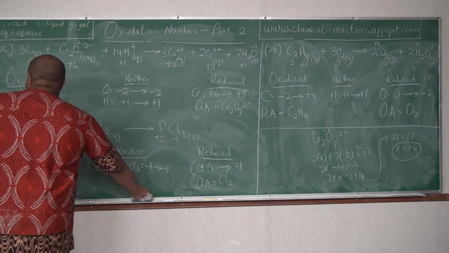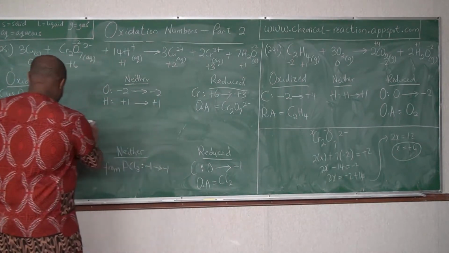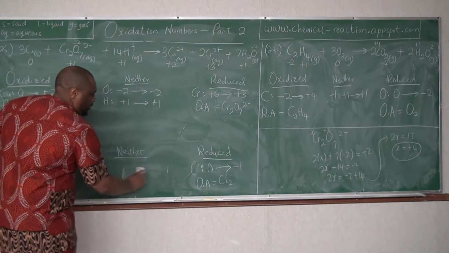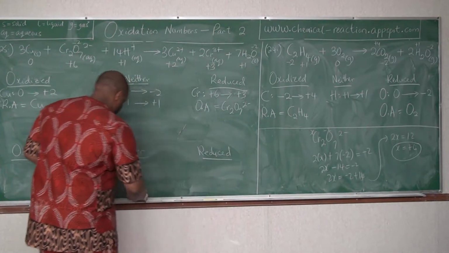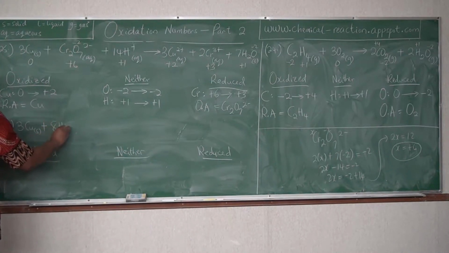Okay. Question 26. We have here 3 moles of solid copper reacting with 8 moles of nitric acid.